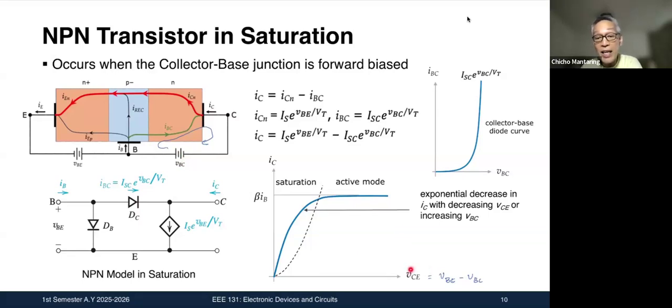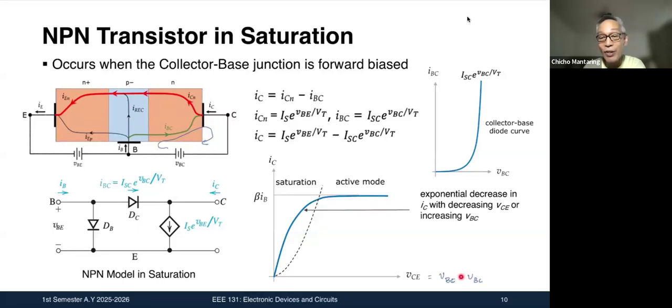When VCE is large, VBE is more or less constant, because we know that VBE will not deviate so much from 0.7 volts, as long as the base-emitter junction is conducting. So VBC becomes a negative number. Malaki to, ito 0.7. This would have to be a negative number so that minus minus will be plus. Kaya ako ginawang plus kanina.